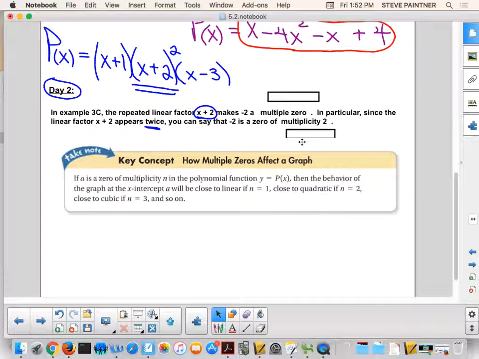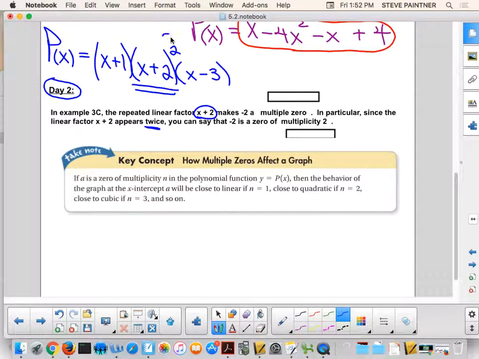Multiplicity 2. Negative 2 is a 0 of multiplicity 2. It happened twice, so we call it multiplicity 2. What if this would have been a 3? Multiplicity of 3. If it's a 4, multiplicity of 4. Get it?